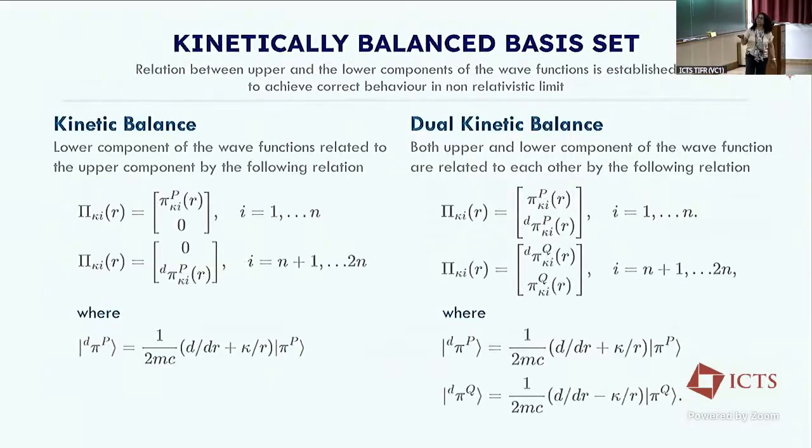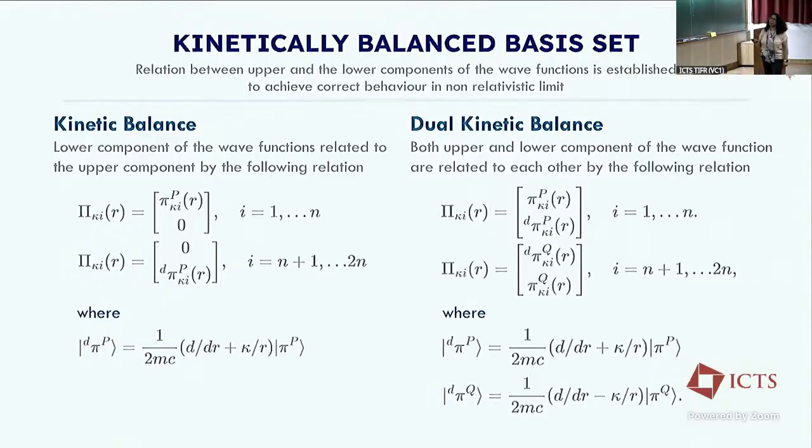In literature, people use something called balanced basis sets to remove these spurious states. These balanced sets offer the correct relation between the upper and the lower components of the Dirac radial wave function, which I discussed previously, so as to establish the correct behavior of the Dirac equation or the kinetic energy in the non-relativistic limit.